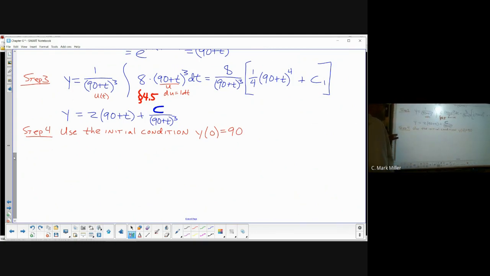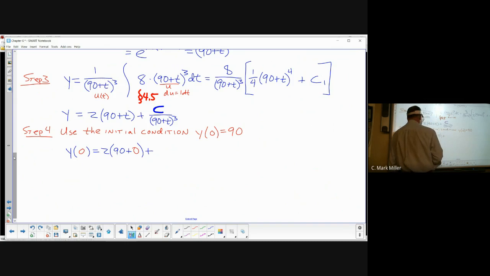And so what we're going to do is plug into our differential equation: y of 0 equals 2 times 90 plus 0, plus c divided by 90 plus 0 cubed.